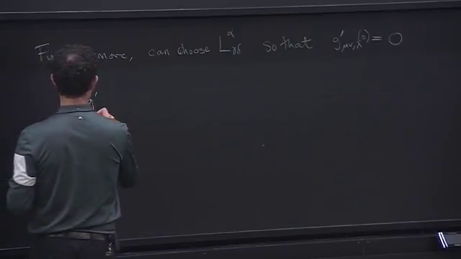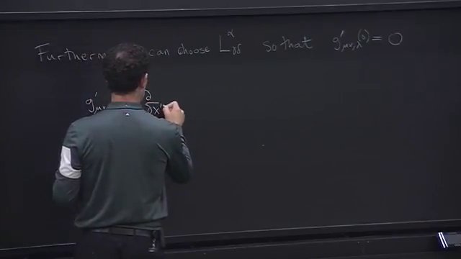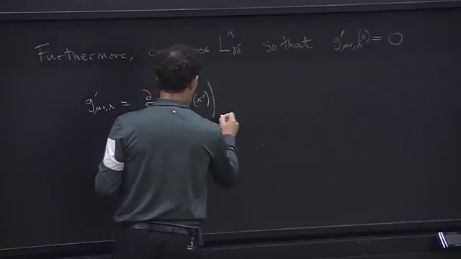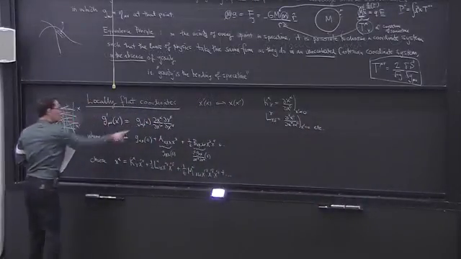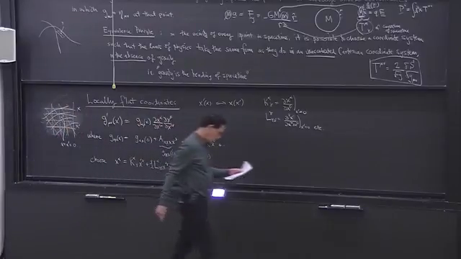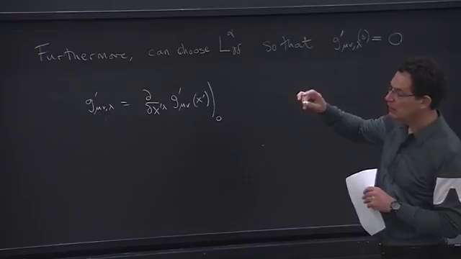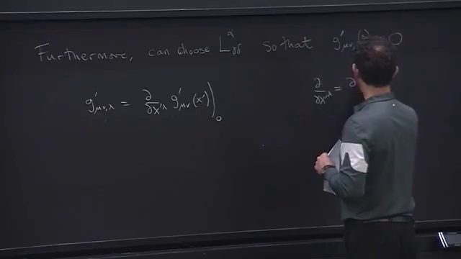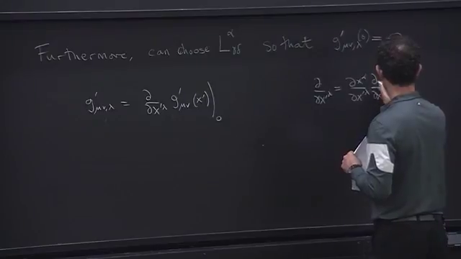So let's show that. What is G prime mu nu comma lambda? This is d by dx prime lambda of G prime mu nu of x prime evaluated at 0. So I've got to take this formula and differentiate it with respect to x prime. So we need to calculate d by dx prime, which of course is equal to dx alpha over dx prime lambda times d by dx alpha.